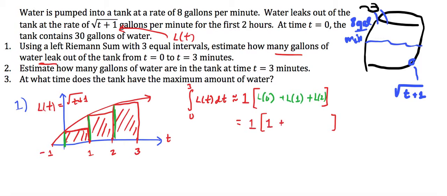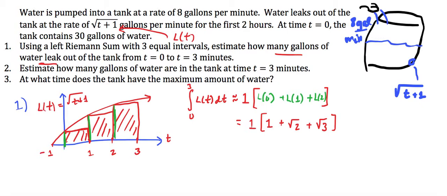L of 1 is going to be the square root of 1 plus 1, or the square root of 2. And then L of 2 is the square root of 2 plus 1, so that's the square root of 3. That is what gives us the approximate area underneath the curve, which will tell us the approximate amount of water that leaks out of the tank between 0 and 3 minutes.